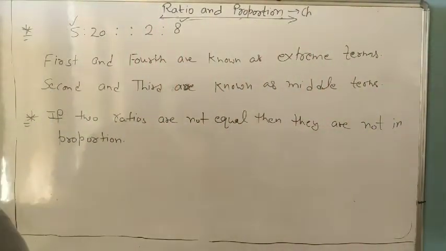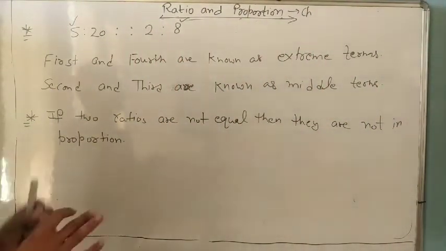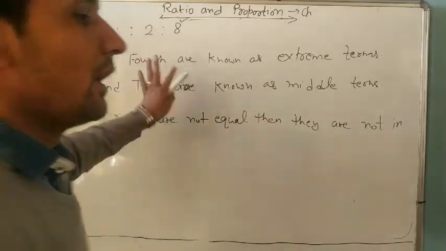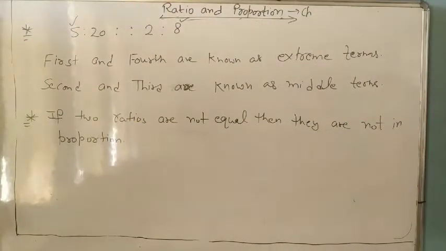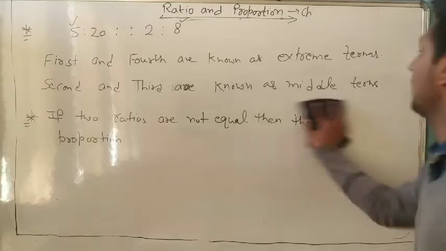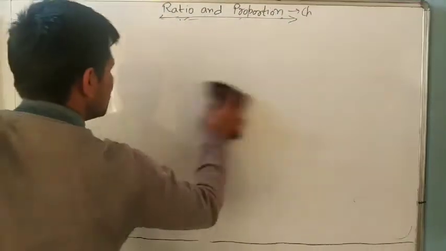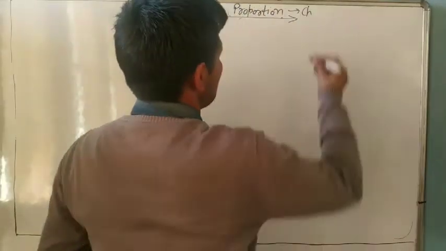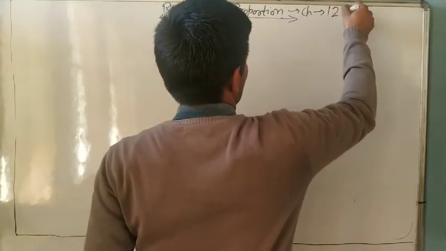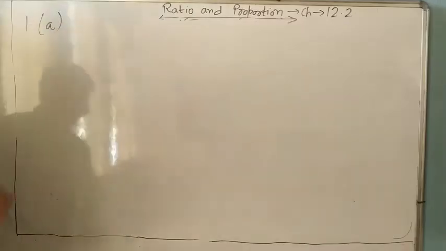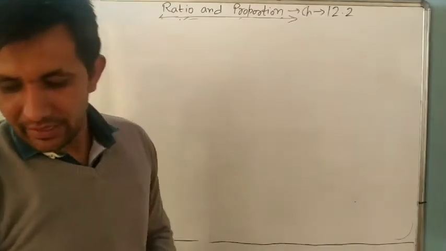Now we will start our exercise. It is a very easy exercise. In every question we only have to find whether it is proportion or not. Exercise 12.2, first question, part A. Determine if the following are in proportion.